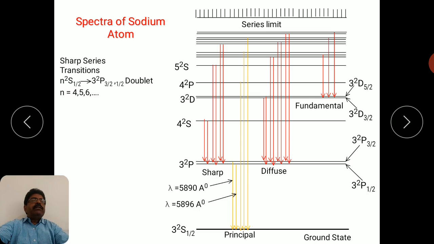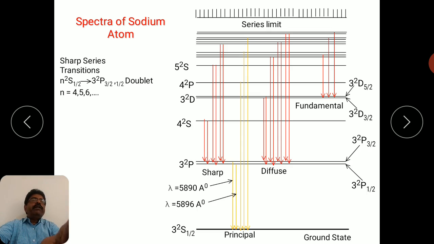The last combination over here is 3 doublet P 3/2 and 3 doublet P 1/2, so these two levels are shown here. From 4S there will be two possible transitions, either 4S to 3 doublet P 1/2 or 4S to 3 doublet P 3/2. Therefore the first two red lines represent those transitions.